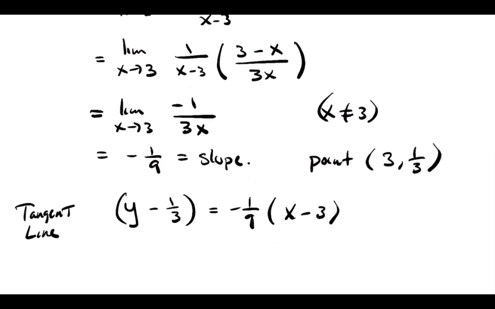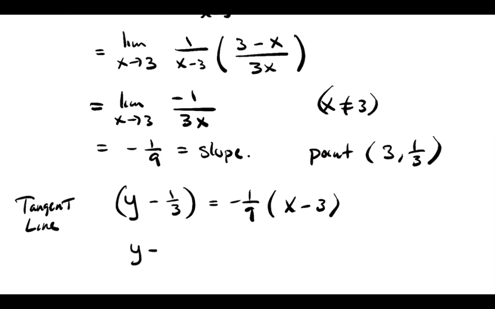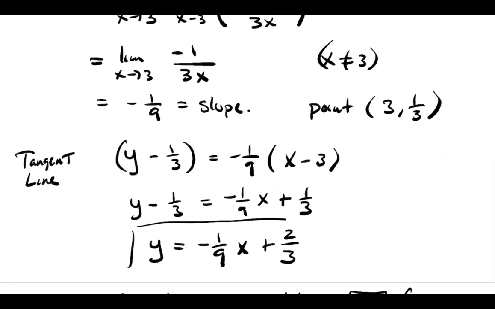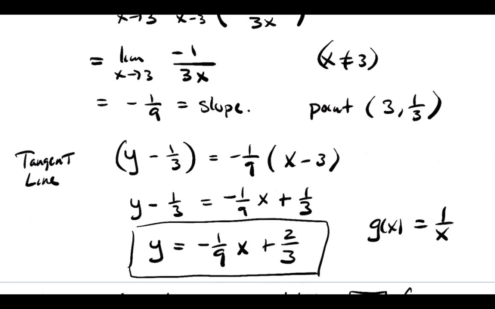And then again, I like to do a little bit of math just to clean this up, put it in y equals form. So we have -1/9 times x, and then plus 1/3. Adding 1/3 to both sides, 1/3 plus 1/3 is 2/3. So y equals -1/9 x plus 2/3.